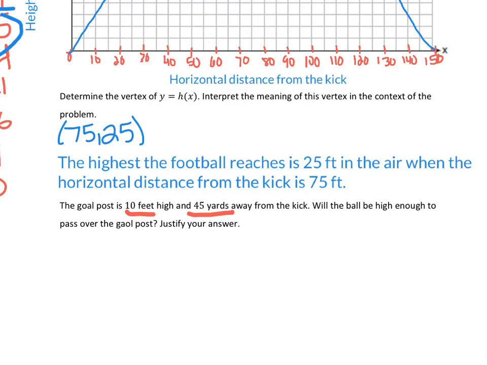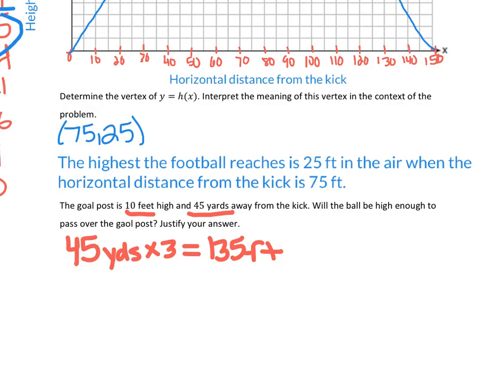If you go back to the original problem up top, it says that both the x and y axis are measured in feet. So I need that 45 yards to become feet. Remember that to convert yards to feet, we just multiply by 3 because there are 3 feet in a yard. And that equals 135 feet.